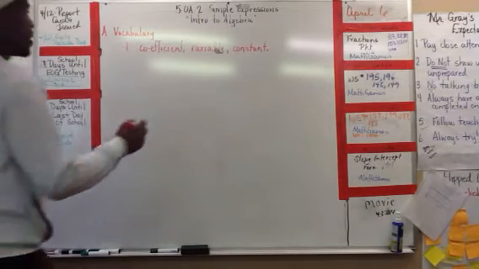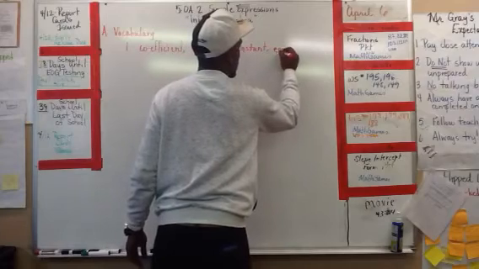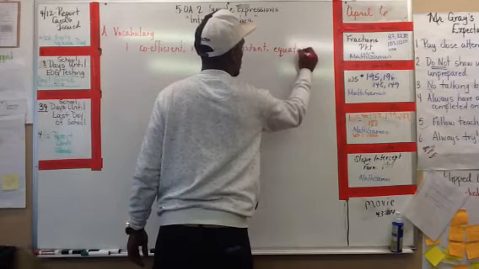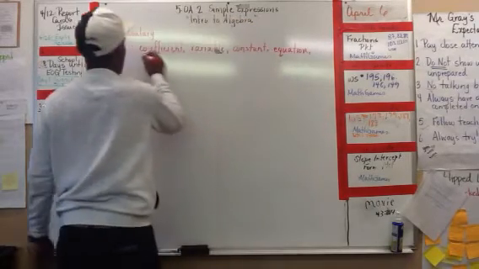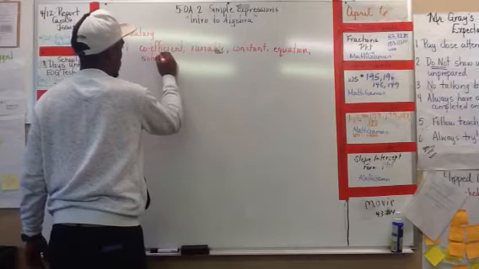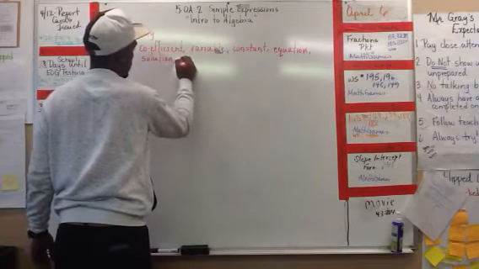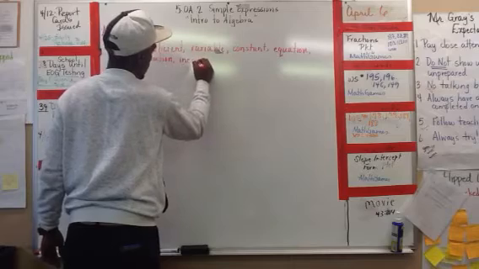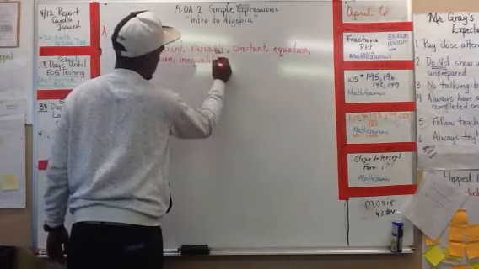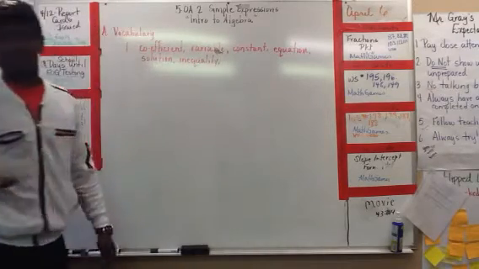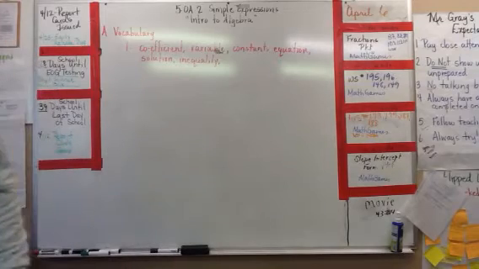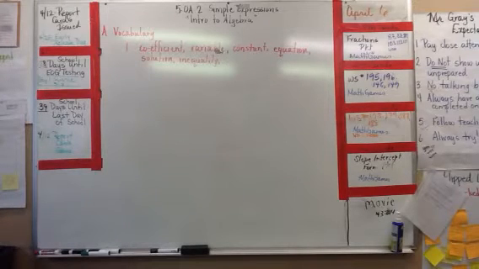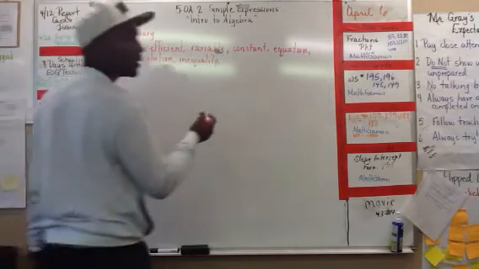An equation, which we reviewed in the first segment. A solution. An inequality, which is the opposite of an equal sign: a greater than, less than, or equal to sign. And the word term.